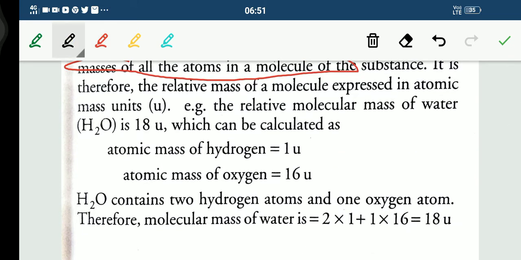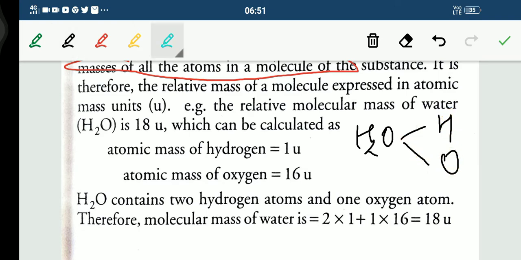Now you can all see there is an example that they have taken, that is H2O. Fine, students. Now tell me how many elements are there? Hydrogen and oxygen. You can see hydrogen has 2 atoms.